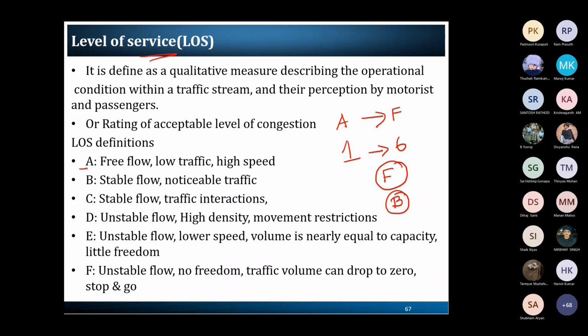Level of service A is nothing but free flow. There is no traffic at all, very low traffic. I am able to drive at high speed.